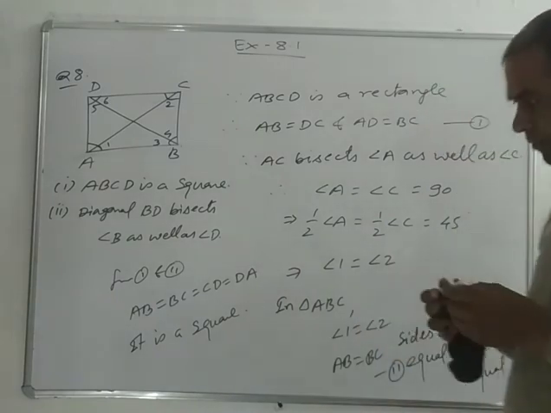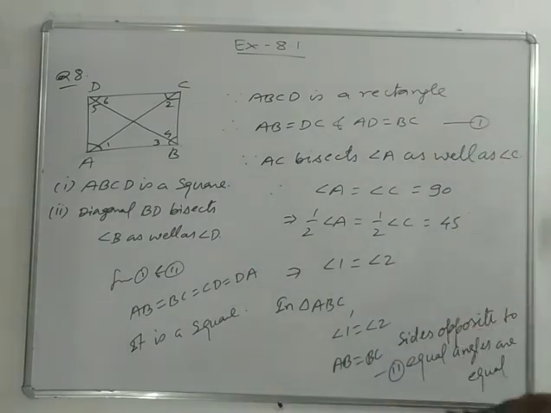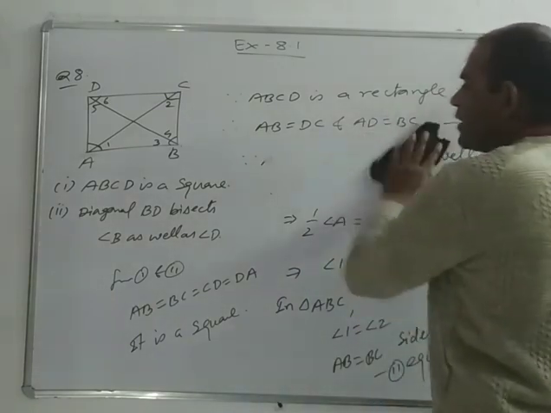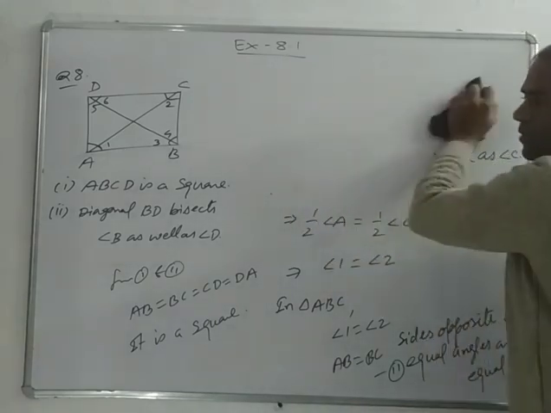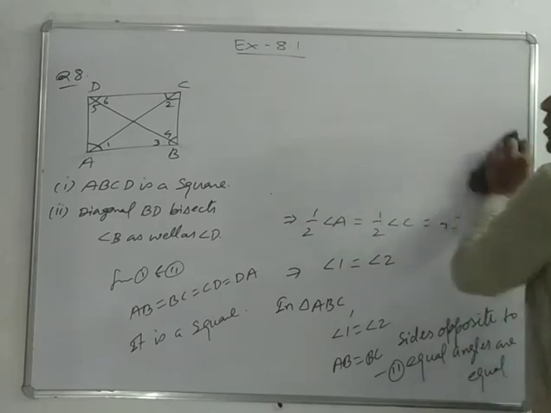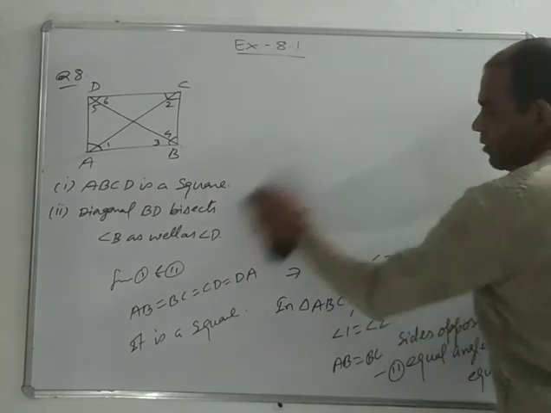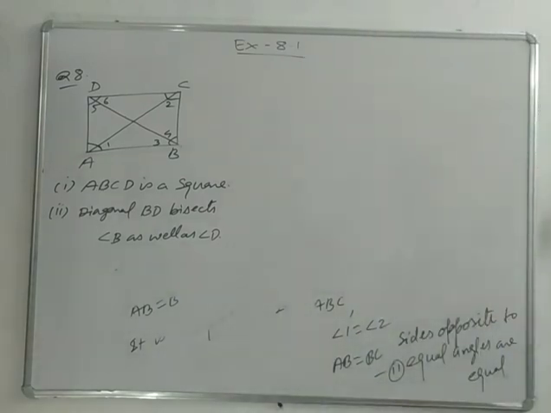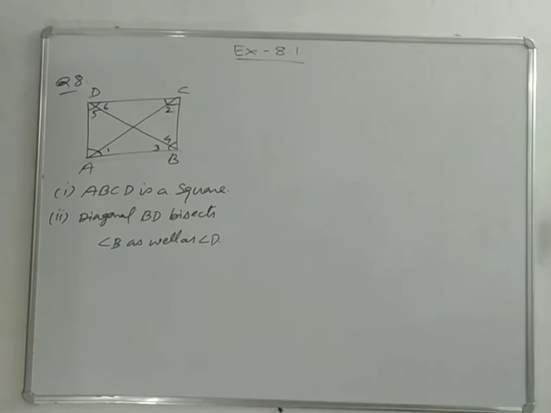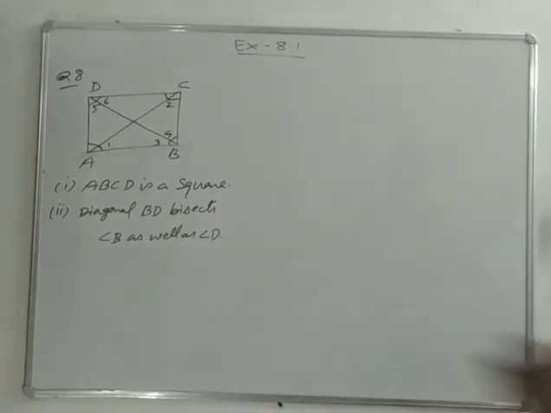So for proving angle 3 equal to 4, all the angles are right angles.